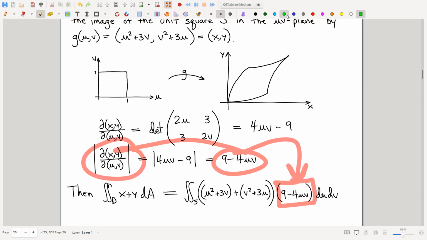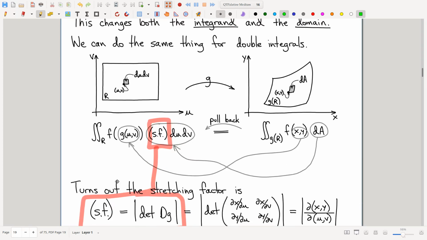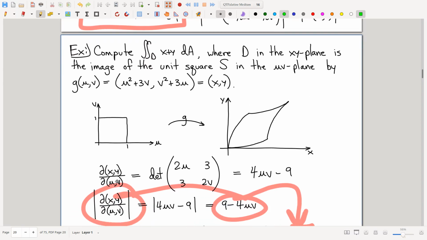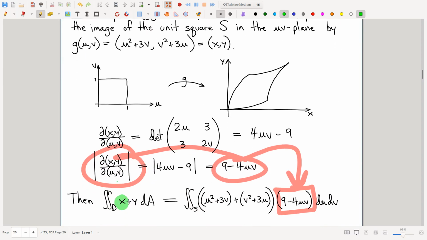What do I do with x? How do I plug back in for x? Keep in mind, x is one of the outputs from our change of variables function. The change of variables function will explicitly tell you how to plug in for x. It will come in the form of x equals some function of u and v, and y equals some function of u and v. And we've explicitly got that here.